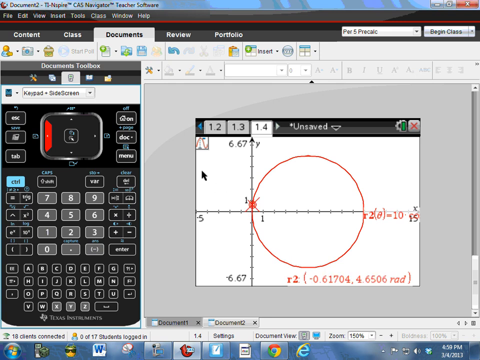Well, I don't have any points in quadrant 2. So that's why this point is showing me a negative radius, because if I had a positive radius and I was in quadrant 2, I'd be over here, but there's no points over here, so that jumps me back over to this negative radius, and I'm actually in quadrant 4.